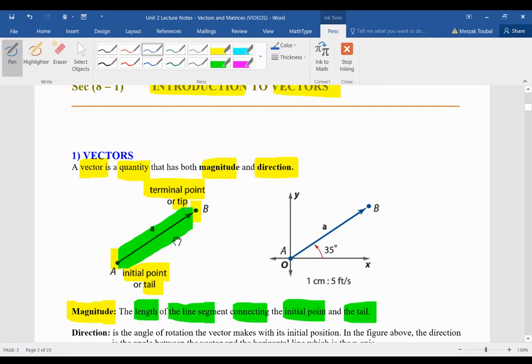For example, if this vector represents some force applied on some object, and let's say this force is 20 newtons. Now we can divide this vector segment into four equal segments, and each segment we said is 1 unit.